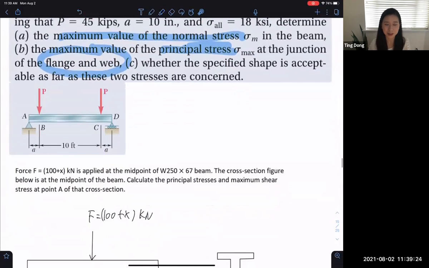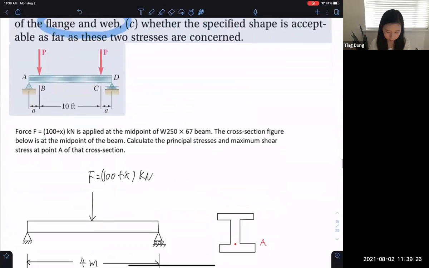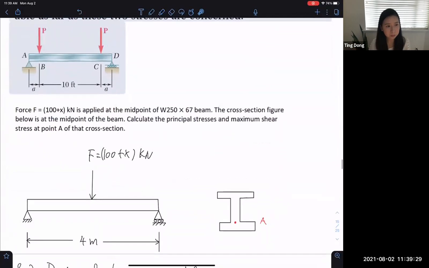So basically you need to calculate the maximum stress in the structure.